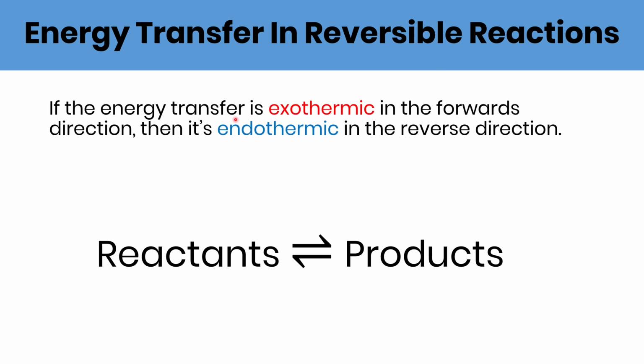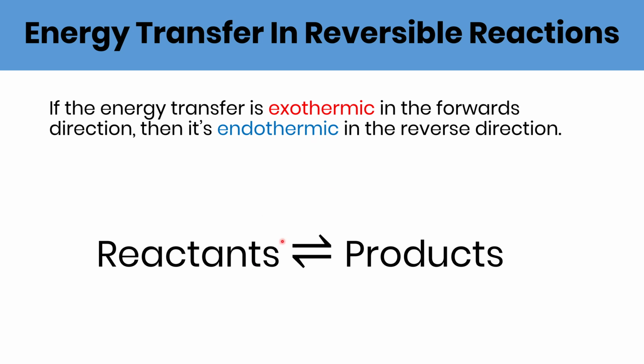Now we can apply these to reversible reactions. If the energy transfer is exothermic in the forwards direction, that means if reactants are turning into products, then we can infer that this energy transfer will be endothermic in the reverse direction. In other words, if it releases heat when it goes forwards, then it'll absorb heat if it goes backwards. So exo and endo.